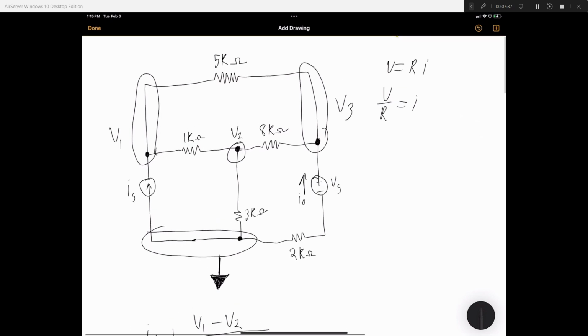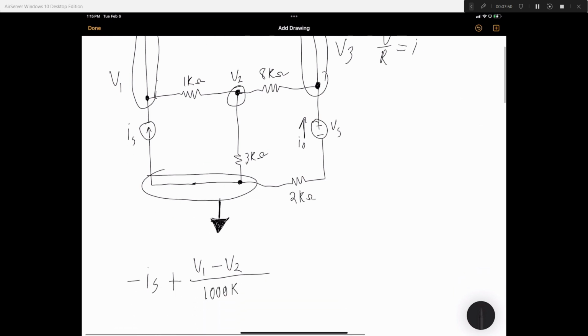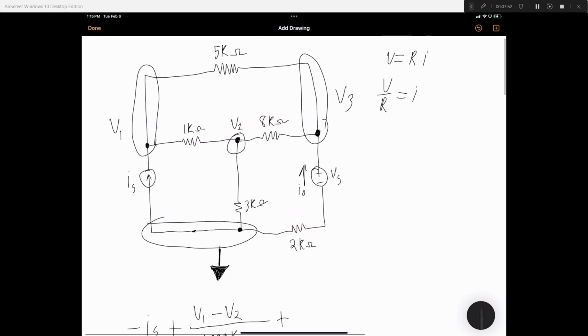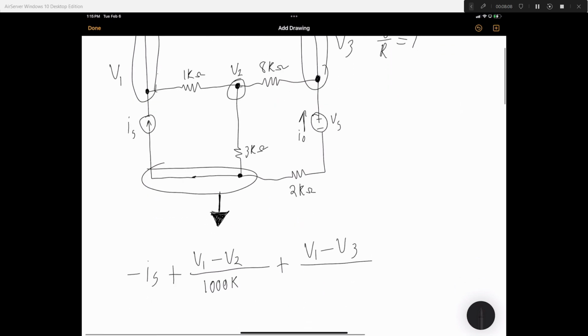And now we'll do the same thing for the one up here. Plus V1 minus what? Well, we're going from V1 through the 5K resistor up here to V3. So the path is V1 minus V3 divided by 5,000.